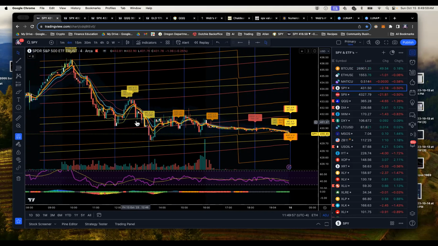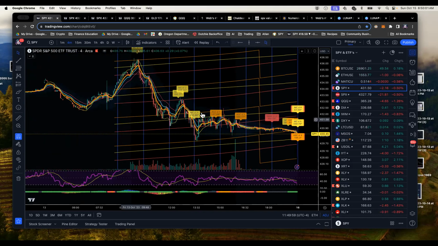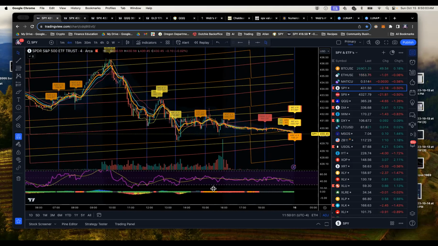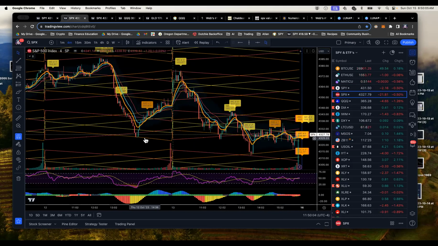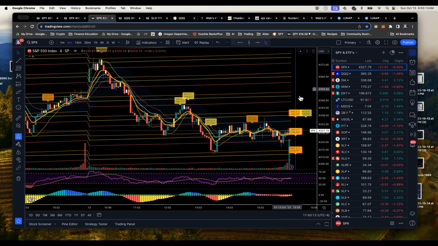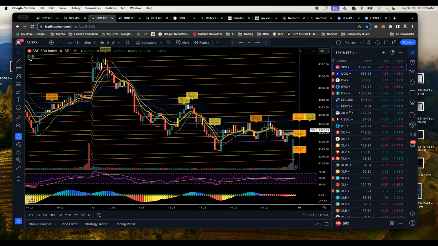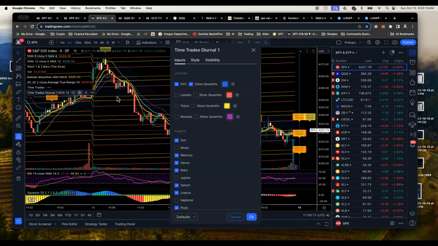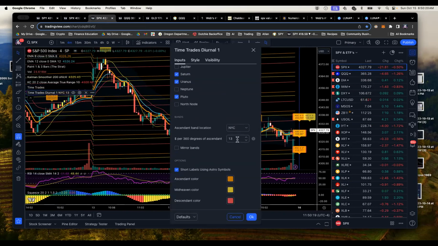And then we can go back to, well, actually, let's switch to SPX. Each instrument that you trade is going to be a little different, and it's going to use different settings. So this is the direct settings on SPX. And the way I got the setting I've been using for SPX is $13 for 360 degrees of the ascendant.